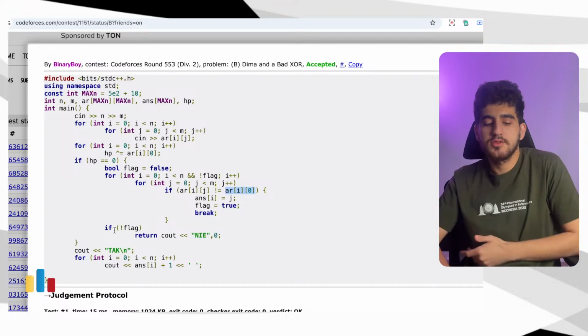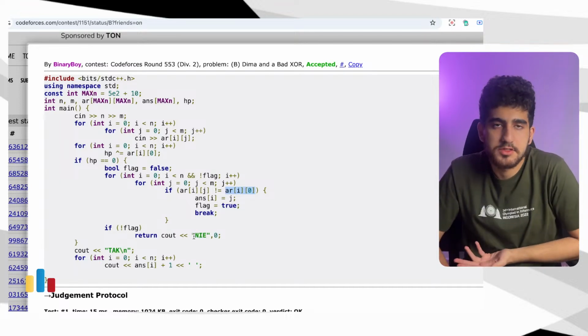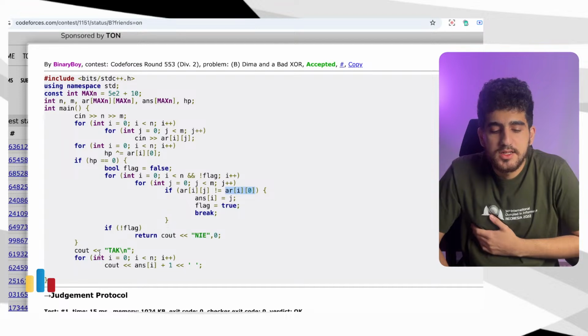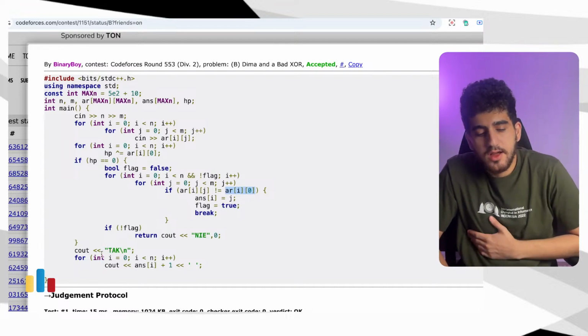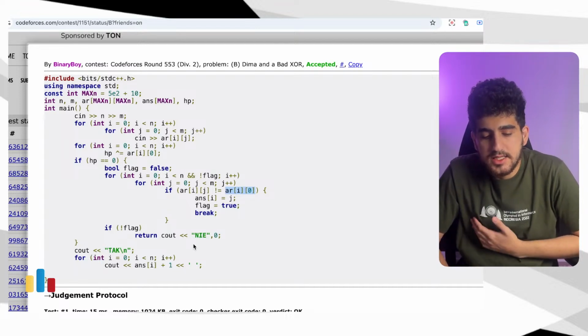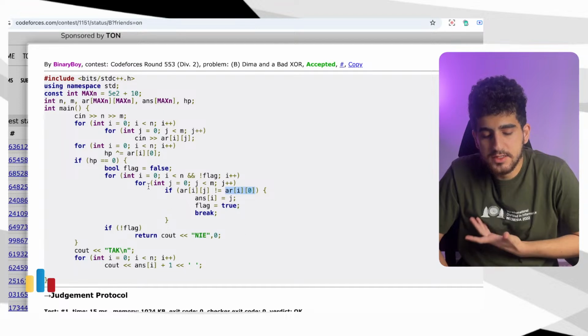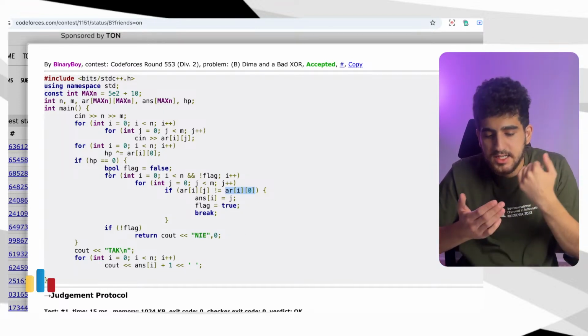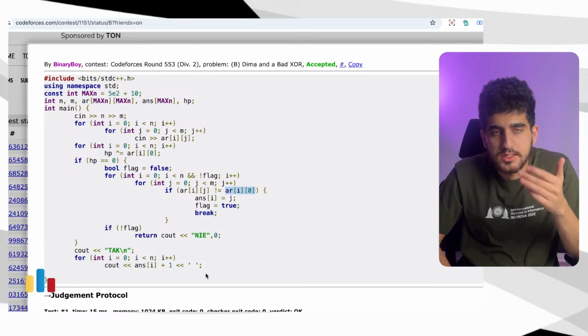If flag was not true at the end, we will just print no, there's no way, because in every row all the numbers are equal. And at the end, if either flag was true or initially the XOR was non-zero, the answer is yes, and we will print all the answers.